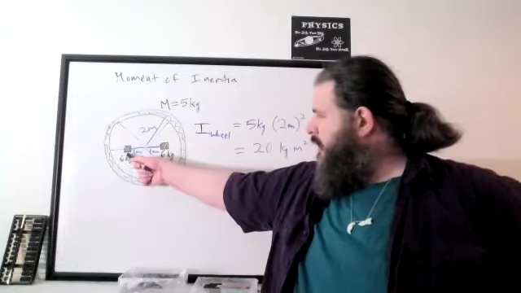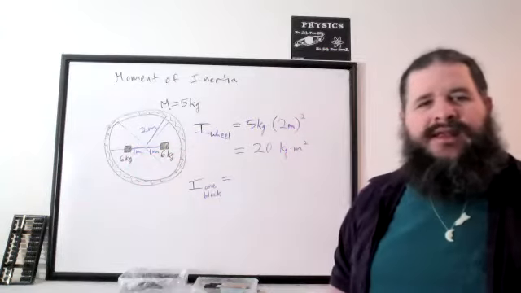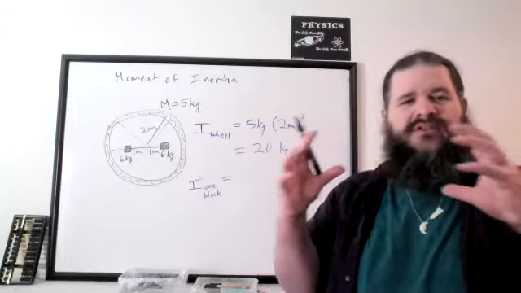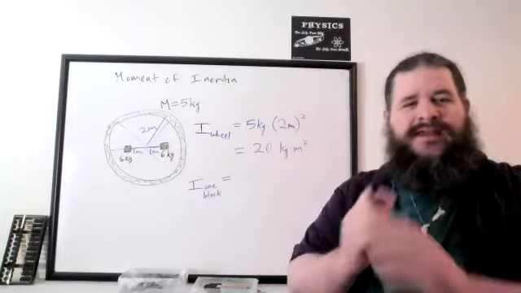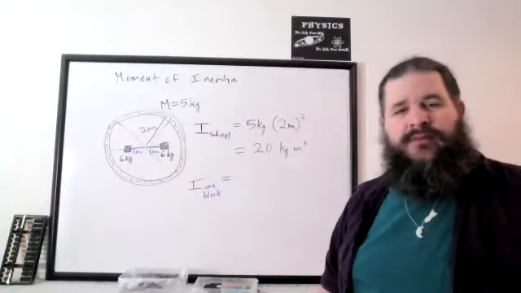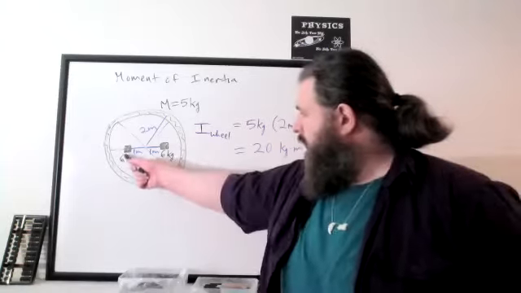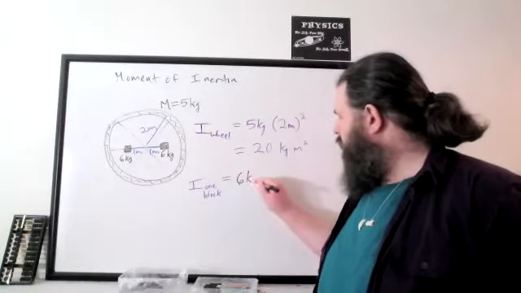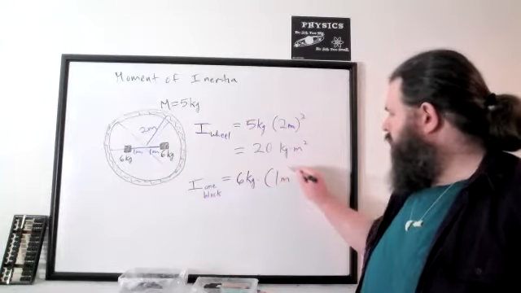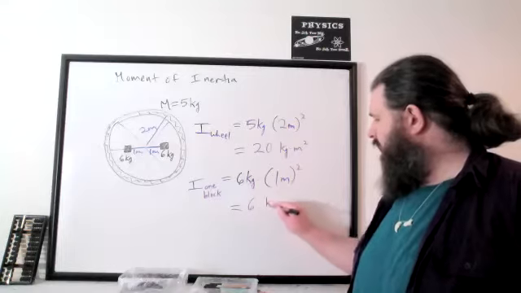This is just like one small object that's a single distance from the center. In general, anytime you've got an object that's just a bunch of mass concentrated at essentially one location, all a certain distance from the center, you can use mr squared for the moment of inertia. So we can still use mass times radius squared. 6 times 1 squared would just be 6 kilogram meters squared.